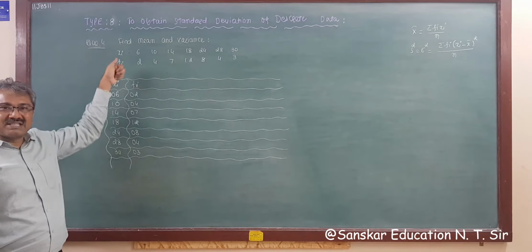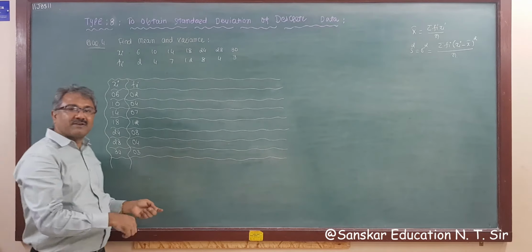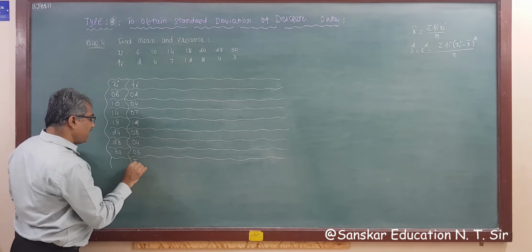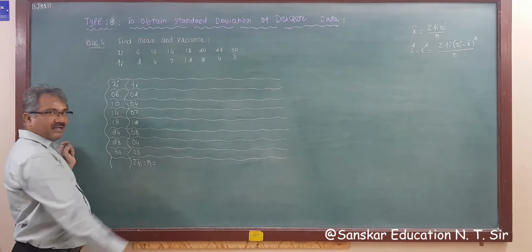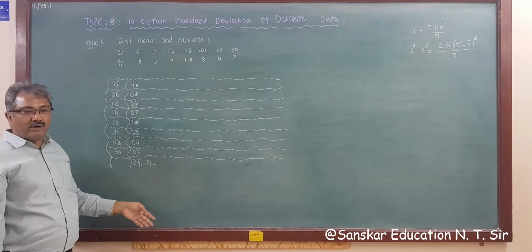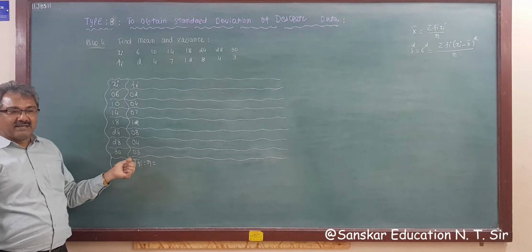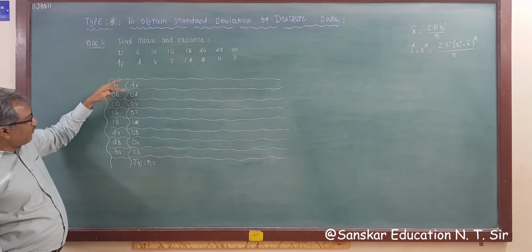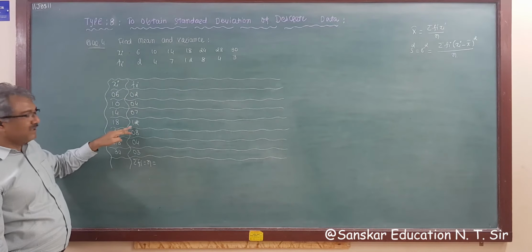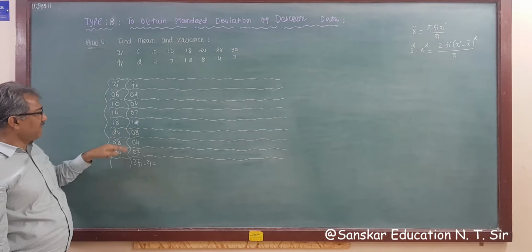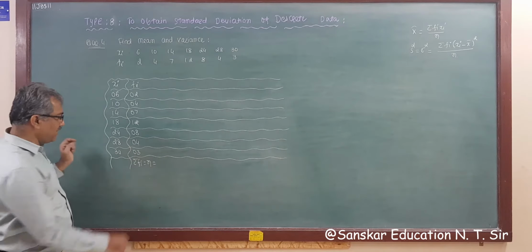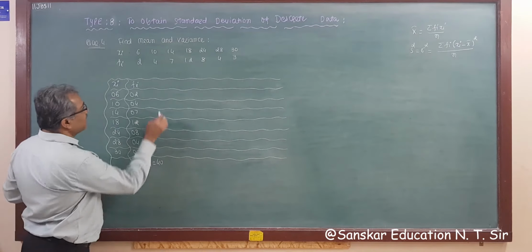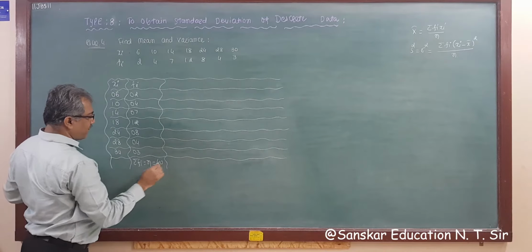Now you know sigma fi is the total number of observations, that is n, equal to the sum of all these. So 4 plus 2 is 6, 30, 25, 33, 37 and 40. So the answer is 40. Sigma fi is 40.